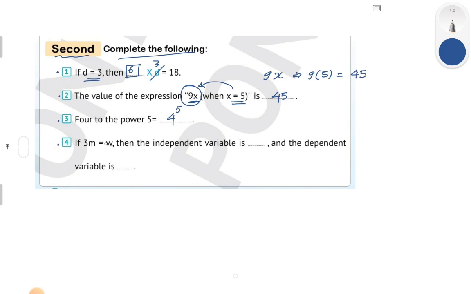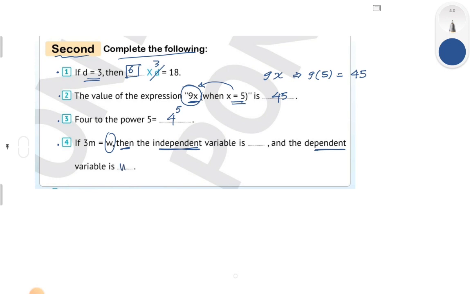Next point, 3m equals w. Which one is the independent variable and which one is the dependent variable? Always the variable that is alone, just by itself, will be the dependent.